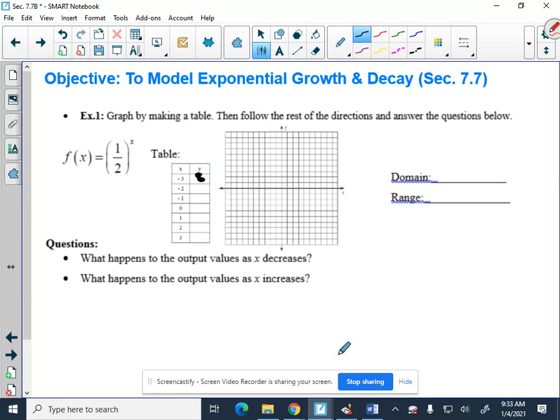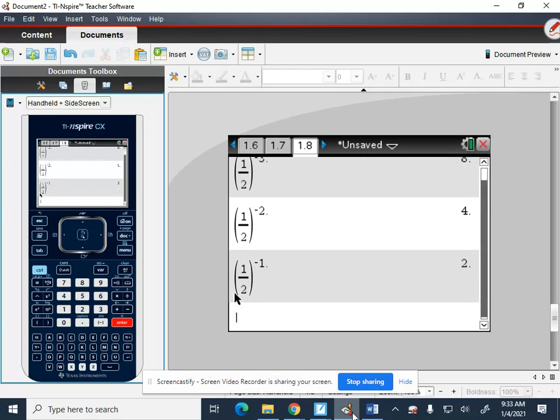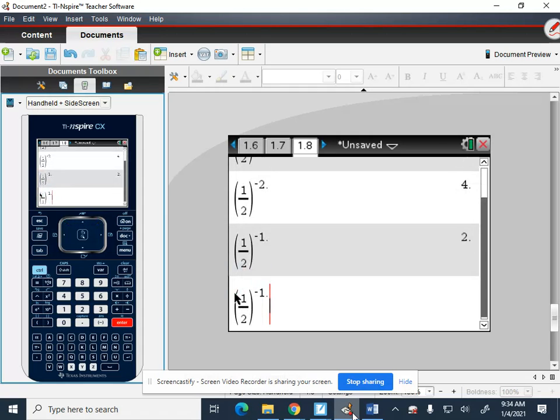Then you're going to put -2 in. So again, you grab your calculator. If you have one of these, you can go up, highlight it like I did, press enter, and then back up enough to put the 2 in there. That one comes out 4. And since I have it on the screen, I'm just going to put in the -1 real quick. It goes pretty fast if you highlight it that way.